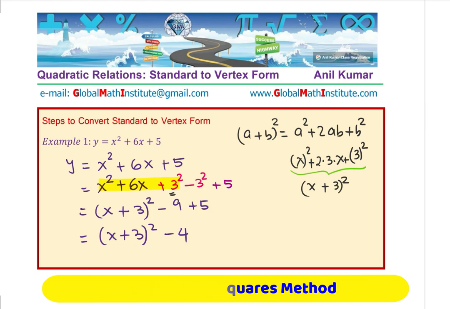Now when you get this vertex form, since the coefficient is positive 1, we do get a parabola which opens up. In this particular case, the vertex is what makes it 0? Minus 3, the x value. And if this is 0, you get minus 4.